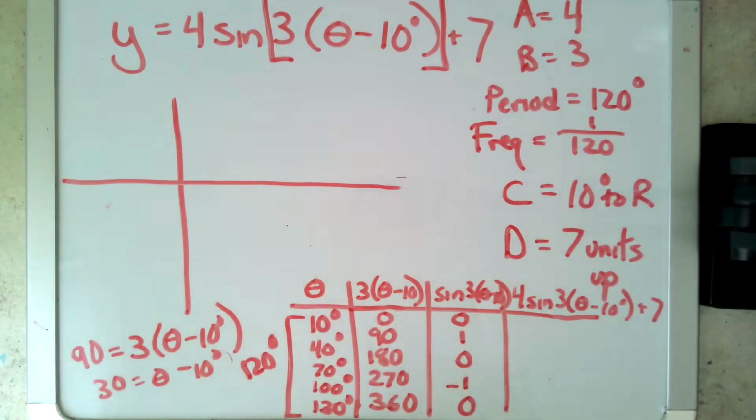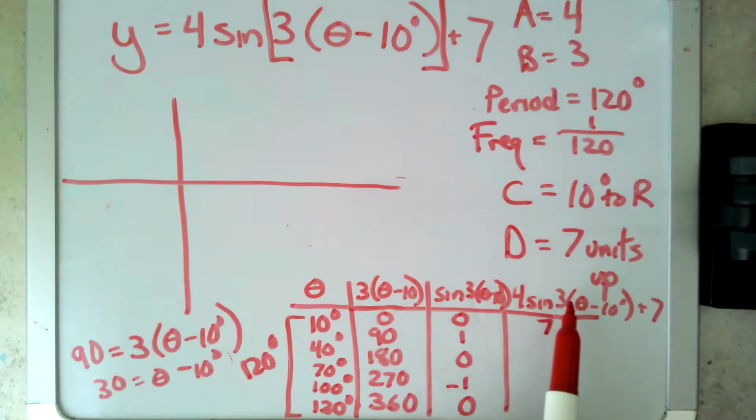And now to find my outputs, I take these inputs and run them through the mill of, if the sine of 3 theta minus 10 degrees part of things is 0, then 4 times 0 remains 0, plus 7 becomes 7. And now I do it again.